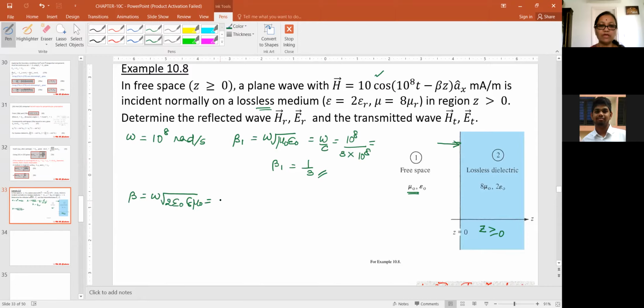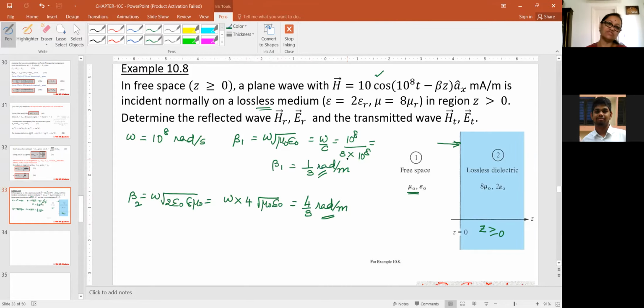That becomes omega into under root of 16, which is 4, times under root of mu naught epsilon naught. Comparing both, you get beta 2 as 4 by 3 radians per meter. Beta 1 is 1 by 3 radians per meter.